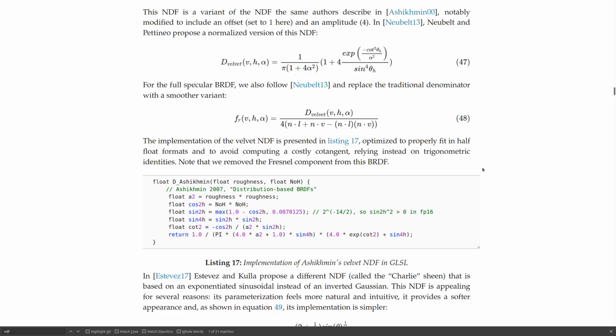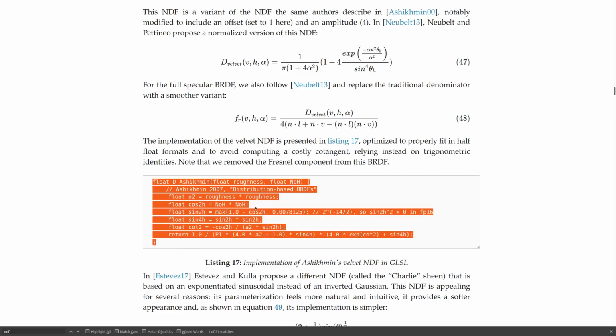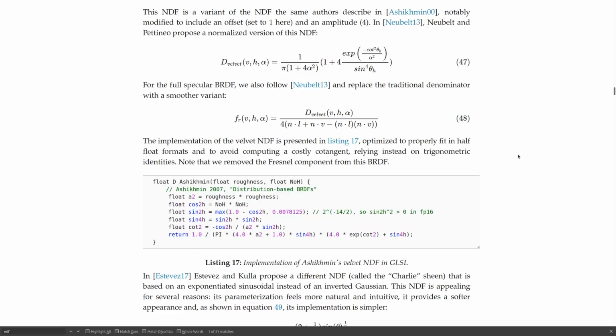So implementation of the velvet NDF given here, optimized to properly fit in half floats and avoid computing the cotangent, relying instead on trigonometric identities. Note that we remove the Fresnel component from this BRDF.